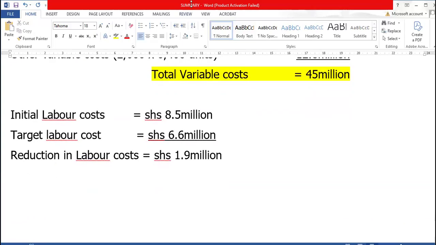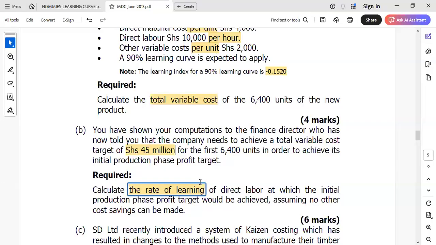Because you need R, how can you get R? How can we get R? They told us other things are not going to change.